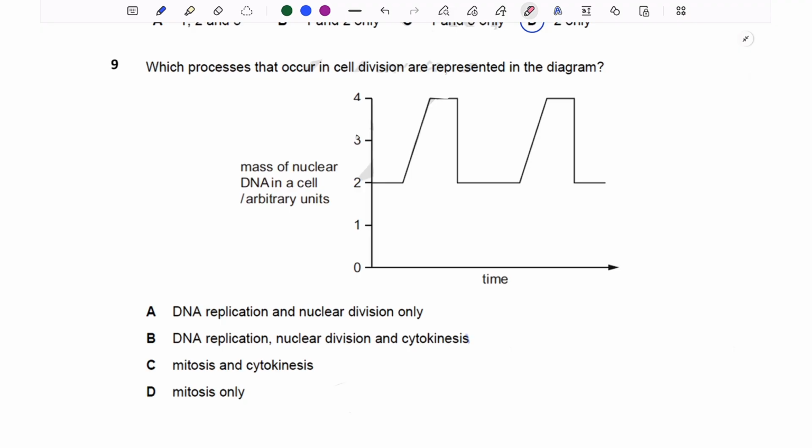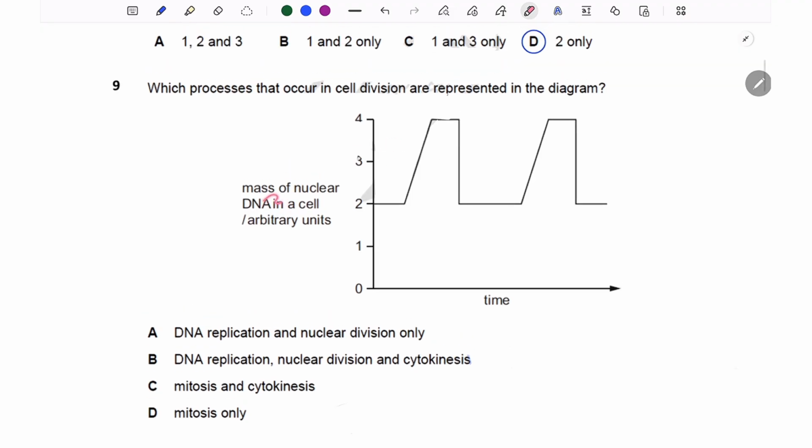And this graph is showing you the mass in a cell. So that's going to decrease here. And then over here we can see that this is where the cells divide. Cytokinesis happens, so the mass of nuclear DNA is going to return to the original levels.